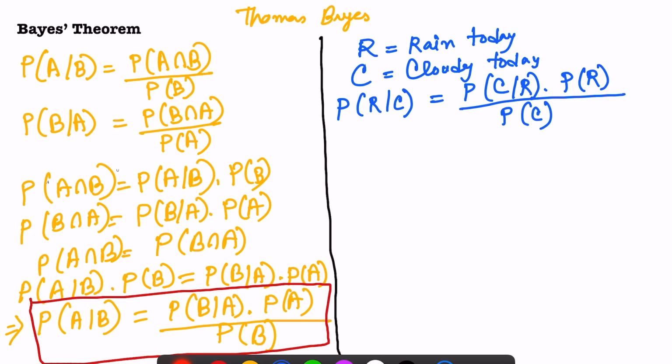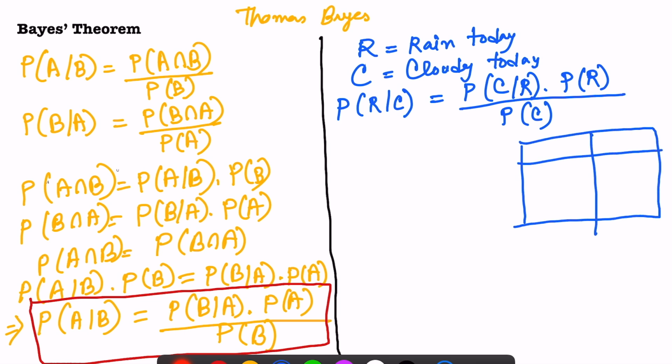Because for a particular day, suppose we want to calculate if it will rain, given that it is cloudy today. But how do we calculate? Let's say we have a data set for the last month, and we are storing cloudy and rain information.